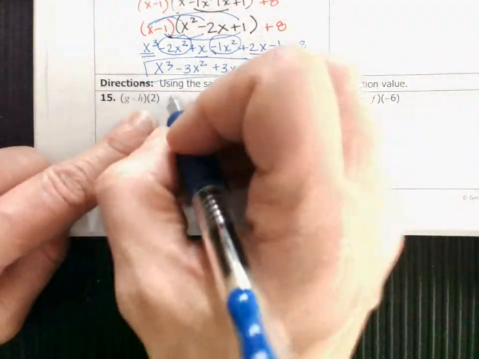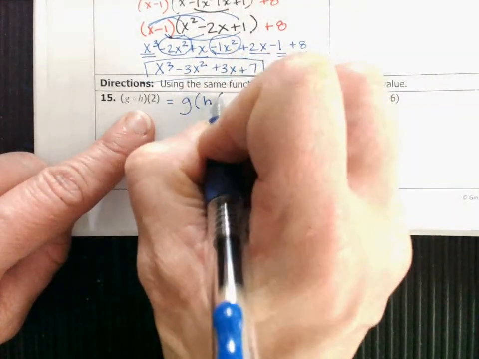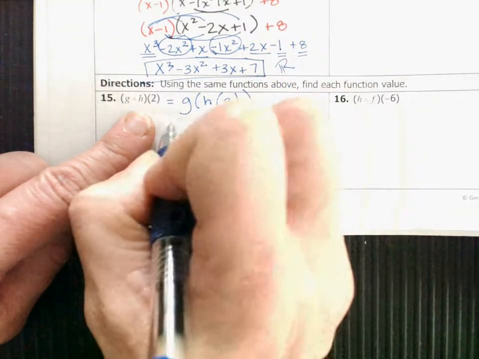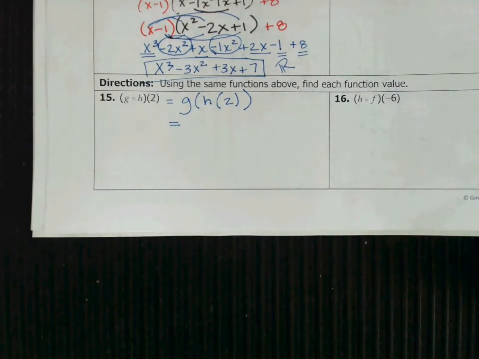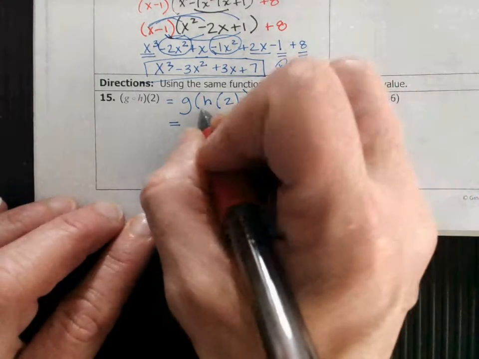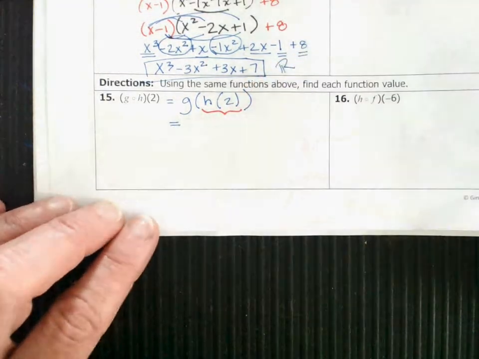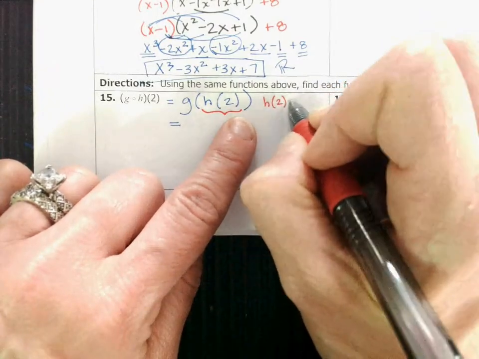All right, so this is what we are doing on this one. This is g of h of 2. The easiest way that I can do this is work from the inside out. I would go ahead and find h of 2. This is the way I've always done it.